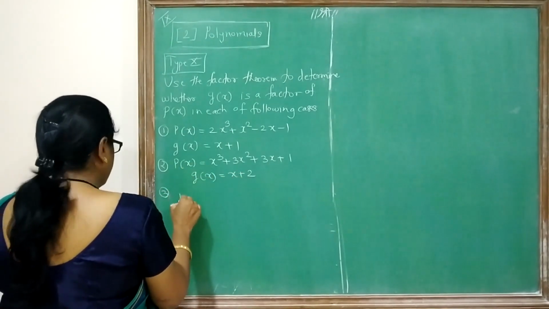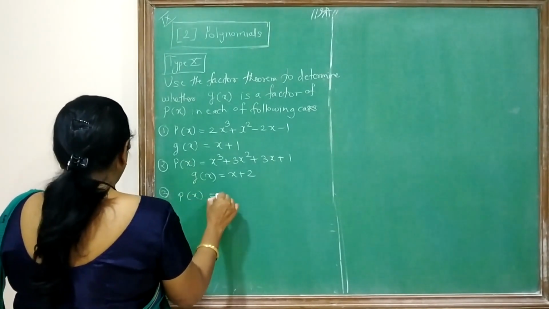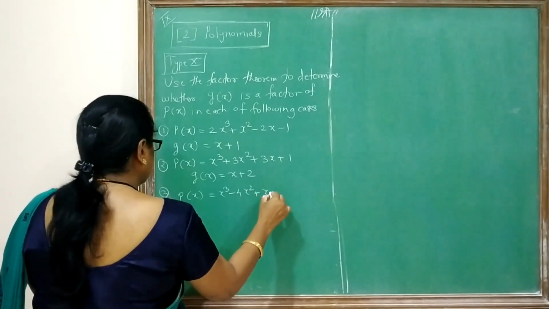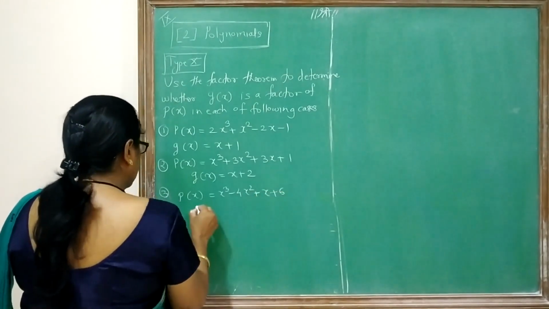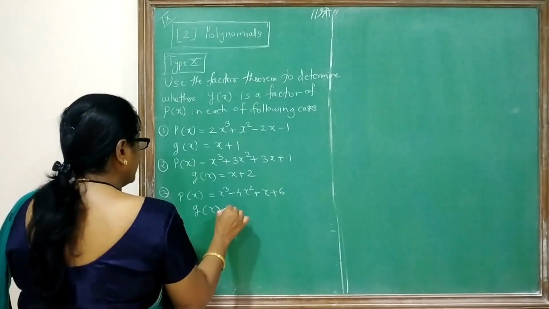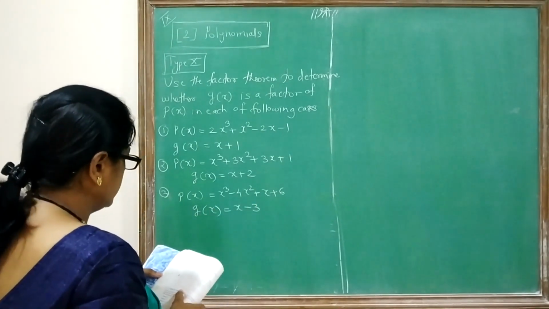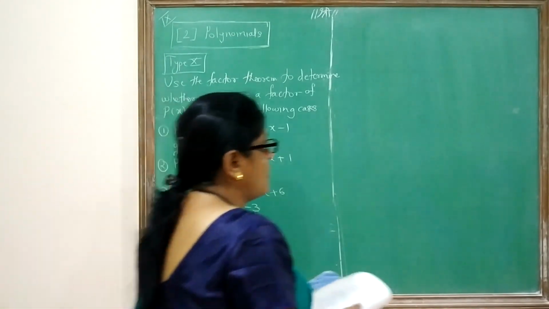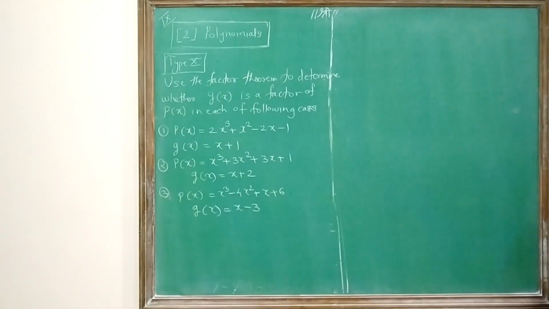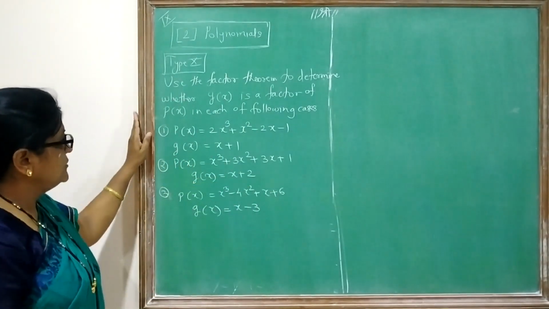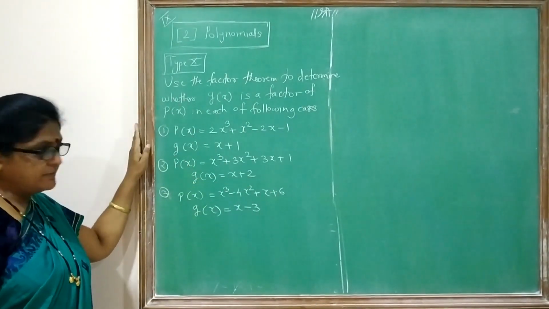Third example is p of x equal to x cube minus 4x square plus x plus 6, and g of x equal to x minus 3. Again you will check the examples. All the examples are same. Here the remainder method is taken.